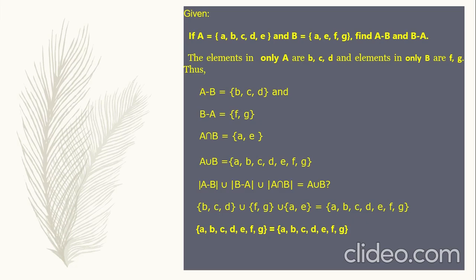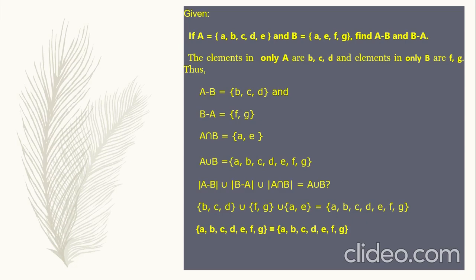So let us find the difference between A and B and the difference between B and A. From previous topics that we have in operations of set, when we say difference of A and B, you have to look for the elements in A that cannot be found in B. Okay?